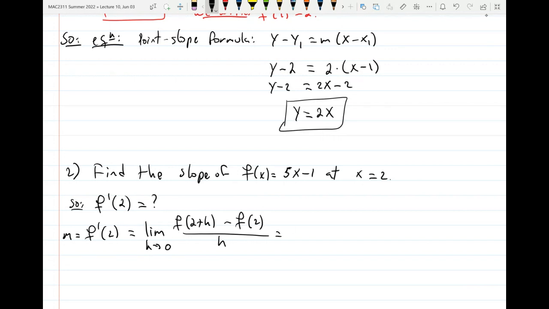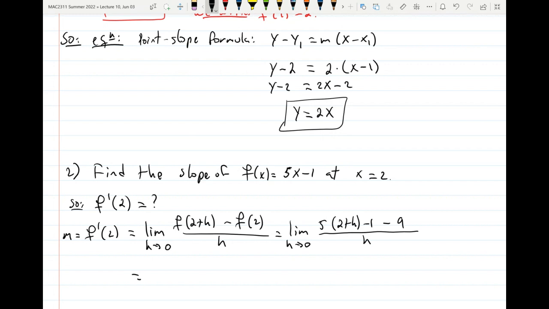So let's compute this. That's the limit as h approaches 0 of 5 times 2 plus h minus 1 minus, so let's see, what's the value of the function at 2? That will be 10 minus 1, that's 9, over h.